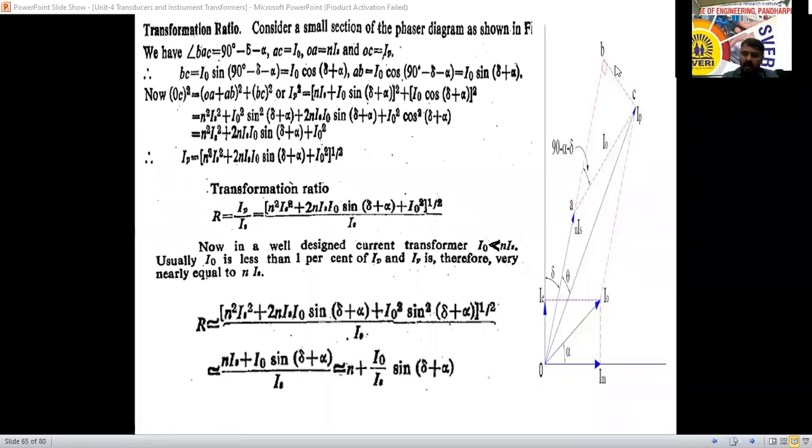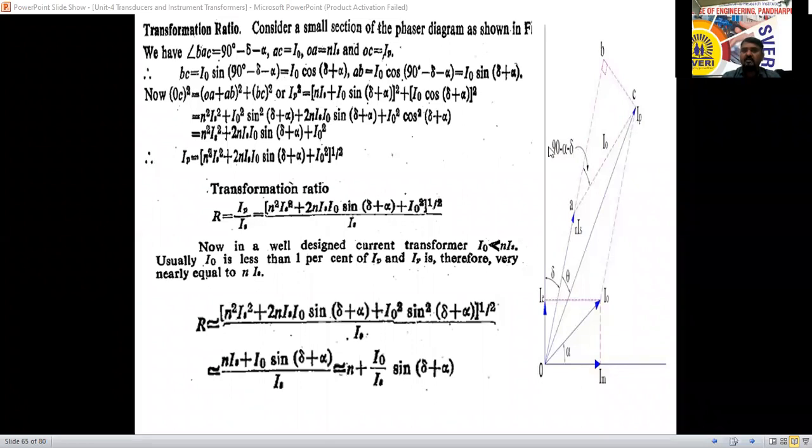But we have to identify BC and AB here now. Here I naught is there. While writing that one, adjacent, opposite, hypotenuse and all the things, BC equal to I naught sine theta, and AB equal to I naught cos theta. Is a likhte na triangle circuits.